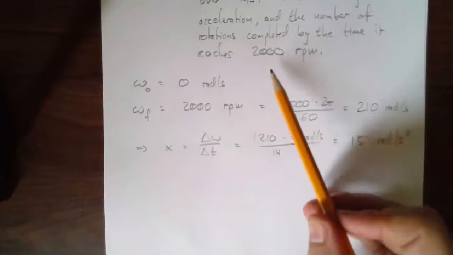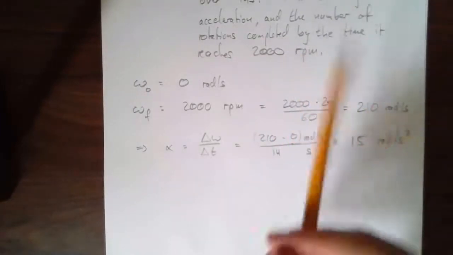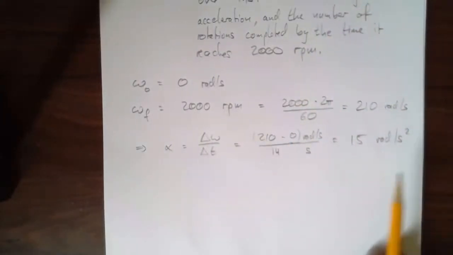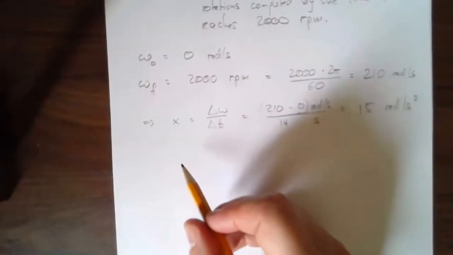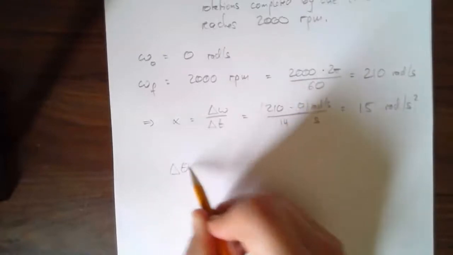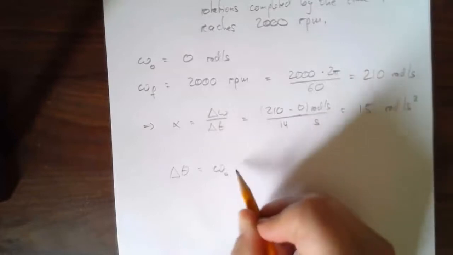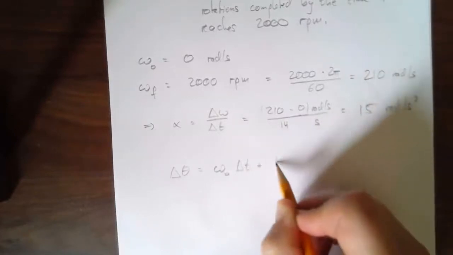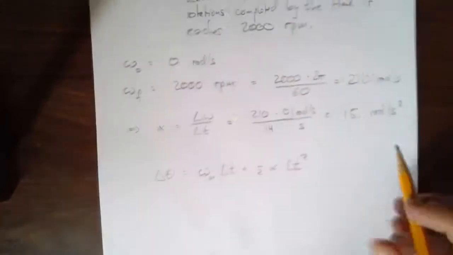Now, how far has this propeller turned? You can imagine, if you just visualize, it's going to turn over and over and over around many times, maybe hundreds of times, at least dozens of times, before it's going at full speed. Let's find that. Delta theta is equal to the initial angular velocity times the time plus 1/2 alpha delta t squared.